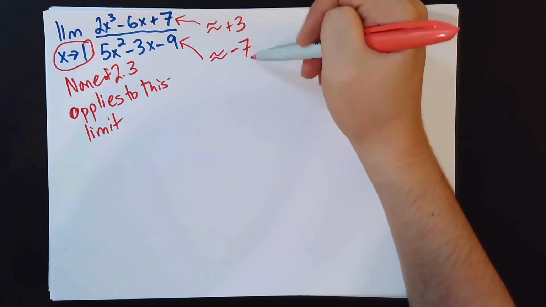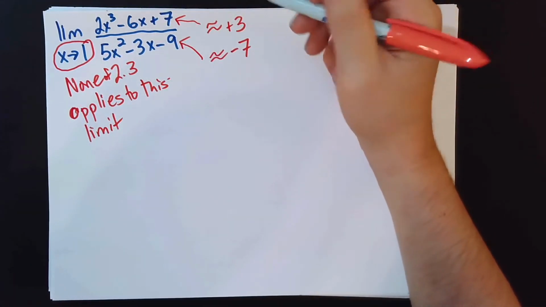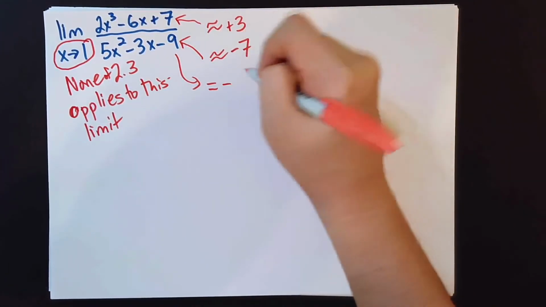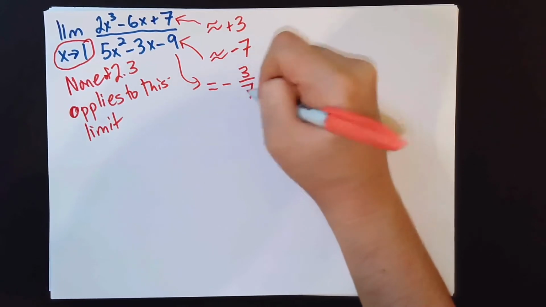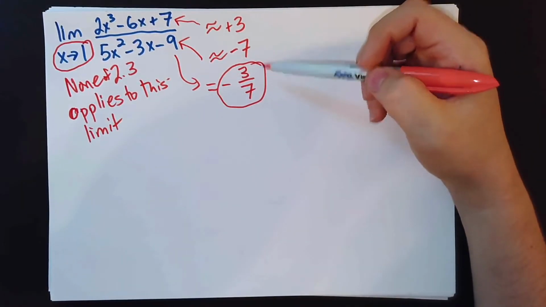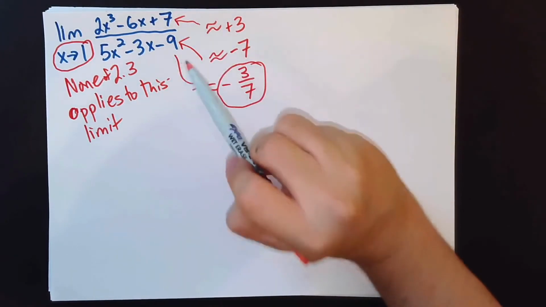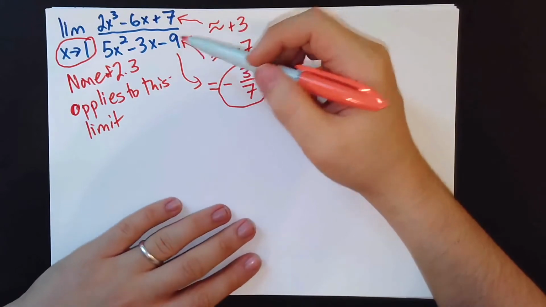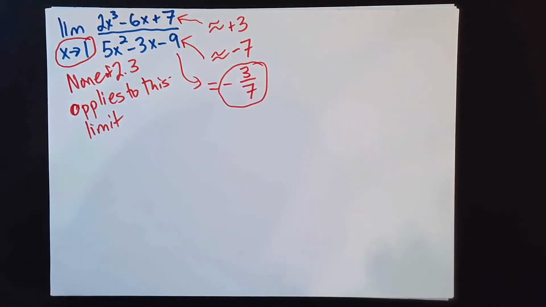And because this isn't 0 over 0 or anything like that, that lets us just skip straight to, okay, the answer is that this limit is minus 3/7. So again, be super careful, because it is very easy to accidentally start applying things where they don't apply.